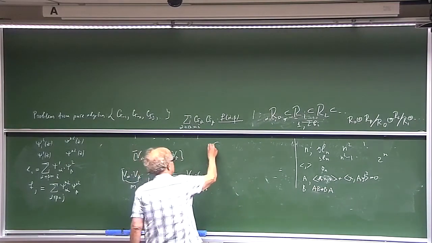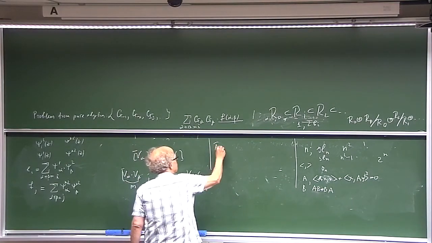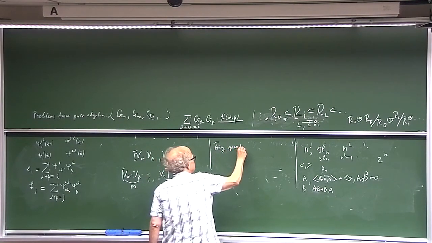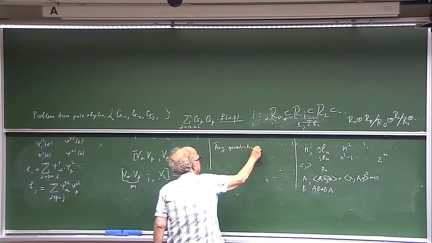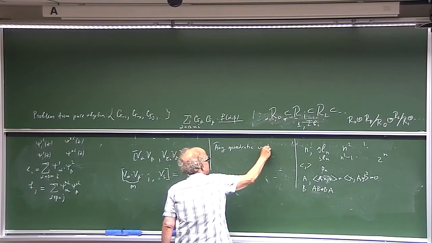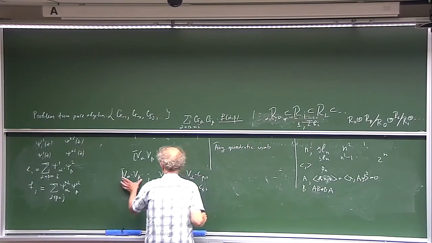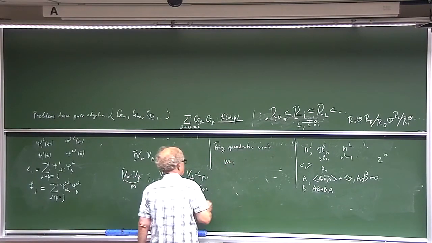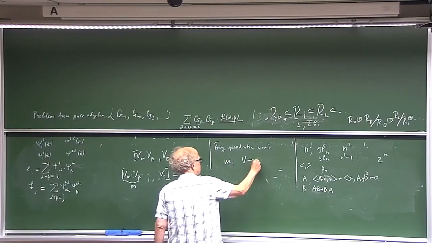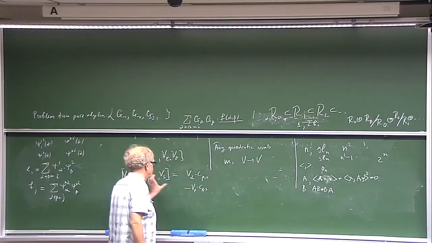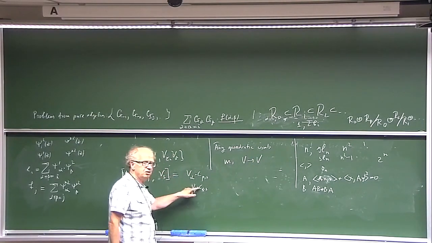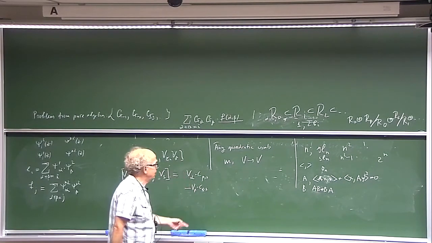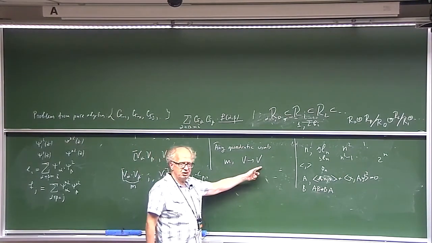So the conclusion is that any such linear combination of these M gives me a matrix from V to V. This gives us this matrix with this sent to this. But in combination, it gives me some matrix from this to this.